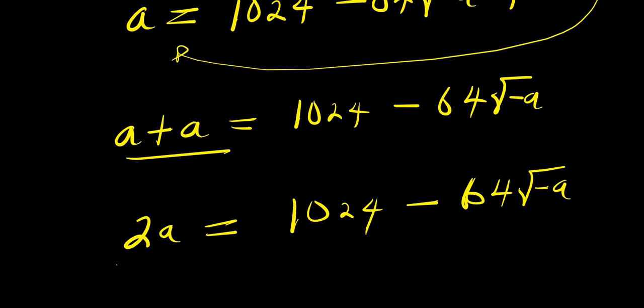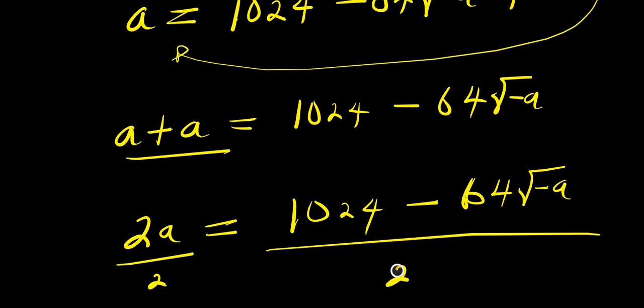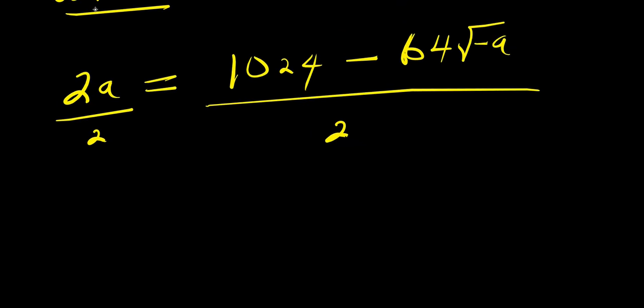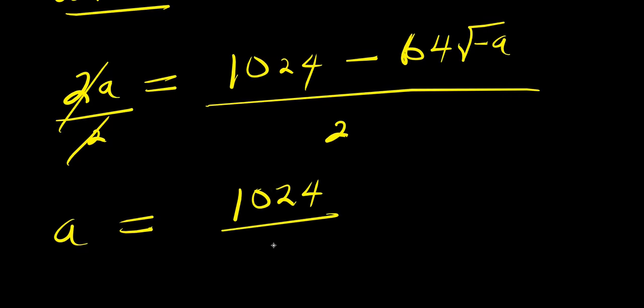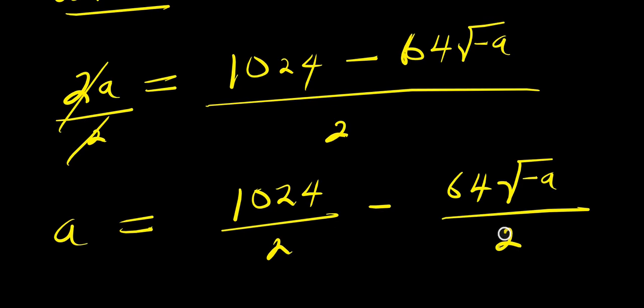So I can divide this by 2 and divide this by 2. This eliminates this, I have a equals 1024 divided by 2 minus 64 root negative a divided by 2.